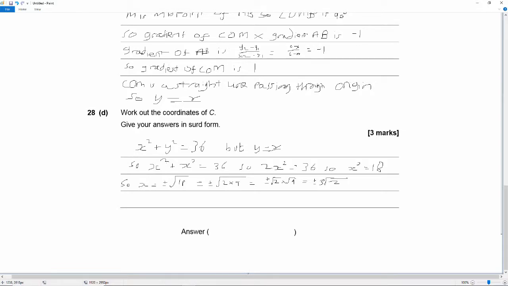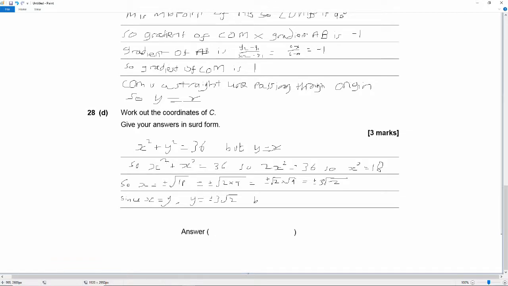And since x equals y, y is equal to plus or minus 3 root 2.